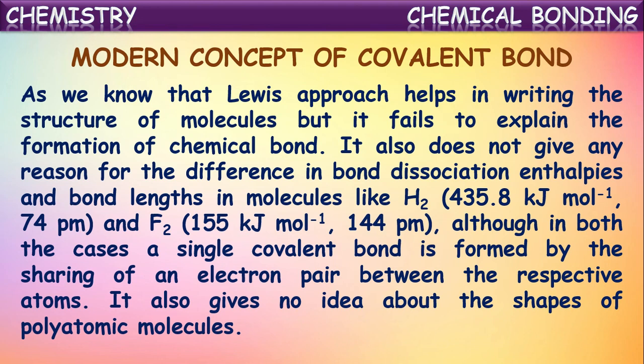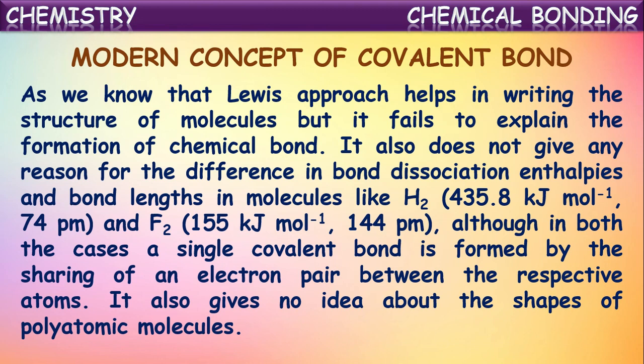And even in the fluorine molecule, there is a single bond between two fluorine atoms. So according to the Lewis approach, how many bonds are there between the two atoms in these two molecules? But there is a difference in their bond enthalpies, meaning the energy required to break those bonds is different in hydrogen and fluorine. And not only that, even bond lengths are different from hydrogen to fluorine.